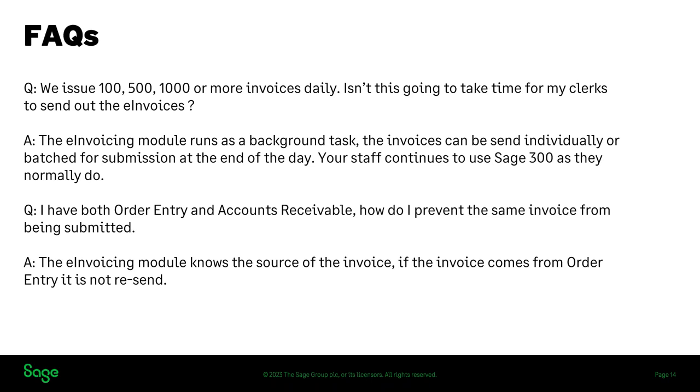What happens then is that when the e-invoice is sent off for validation to LHDN, it just basically goes away and your staff continues on to the next invoice and so on, okay? We'll show you when we get to the module itself the ability to select which invoices you want to submit, and from there send them off to LHDN in the EI module.